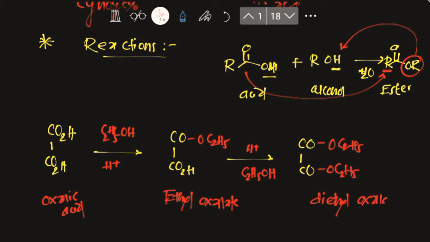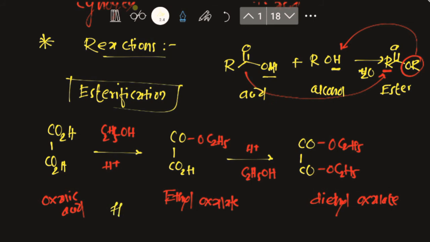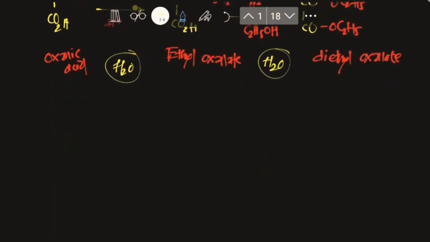The number of COOH groups equals the number of esters: here two COOH groups both participate and are converted into ester. Water is eliminated in each reaction, the first equivalent here and the second equivalent here. This simple reaction is called esterification.